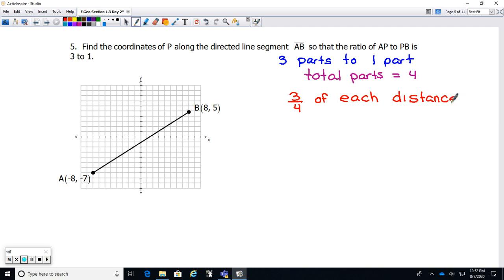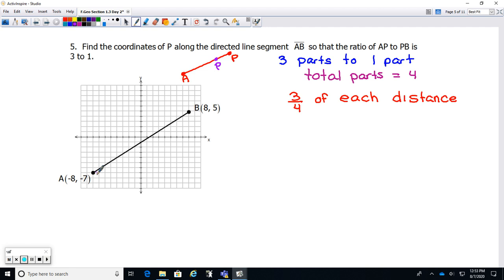So I'm writing little notes for you to go along. I'm also going to do a little sketch here, just to give you an idea of what I'm thinking. A, B, and I want P to be somewhere up here probably, where this is 3 parts to 1 part, as you saw when we were highlighting in the last example. Now you can kind of see how I want to go not the whole distance across, but about 3/4 of that distance. So that's where the 3/4 is coming in.